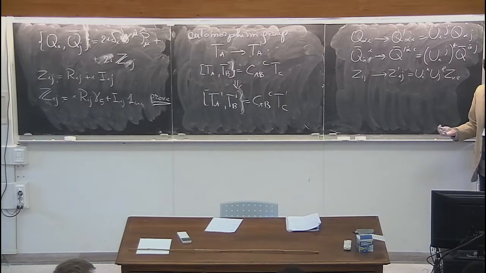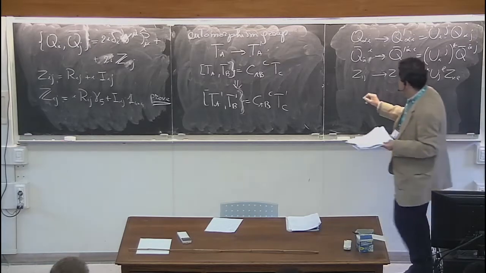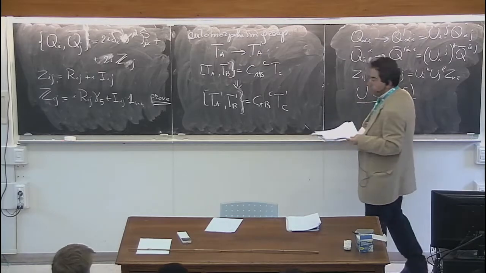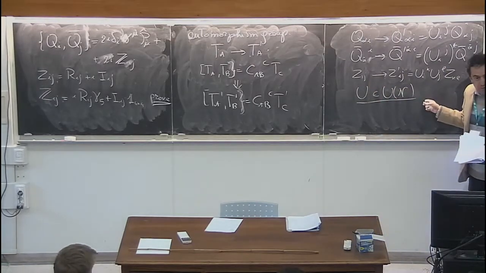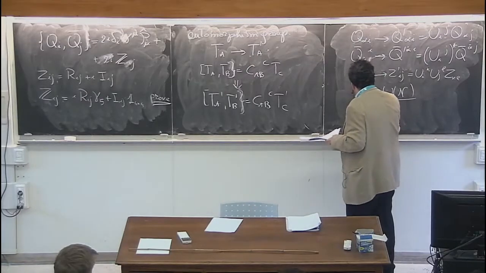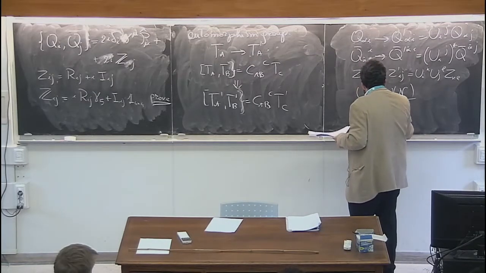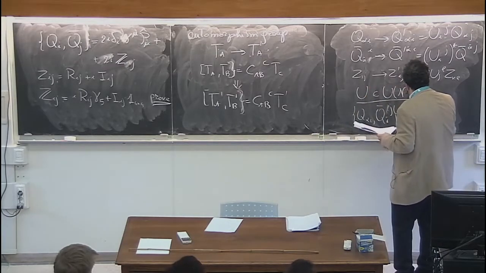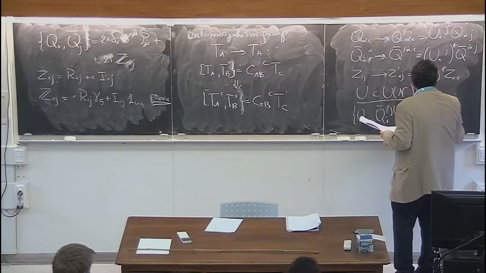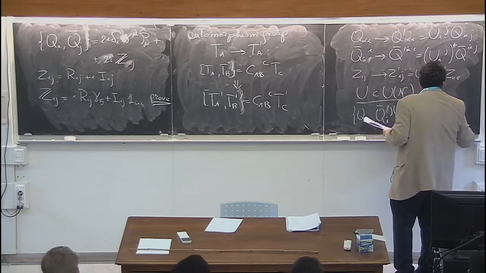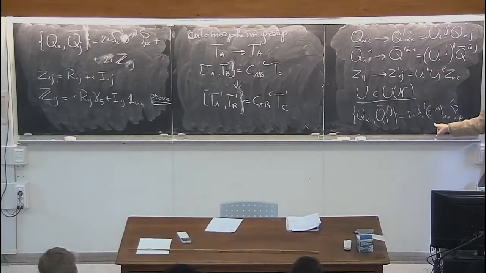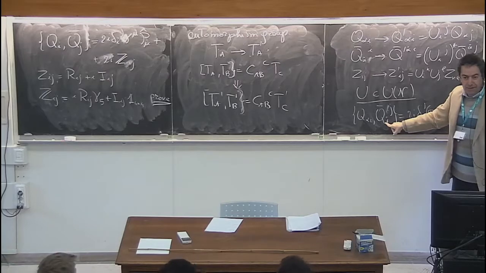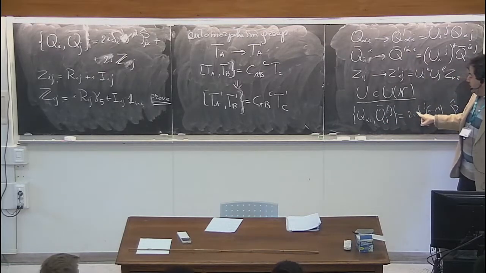The algebra is invariant provided U belongs to U(n). Why is it so? Because of this condition here. You do this transformation, then the matrix U and its star will act on delta.